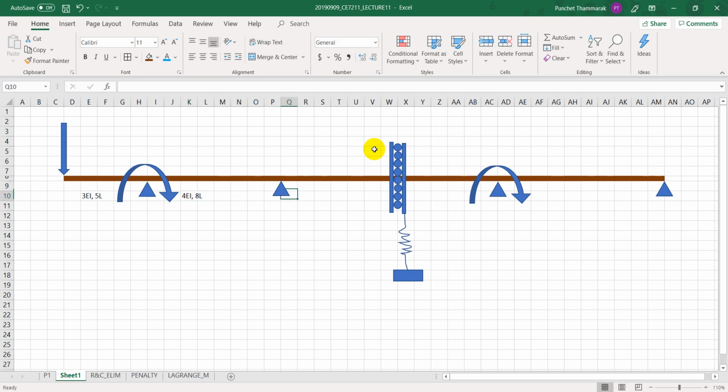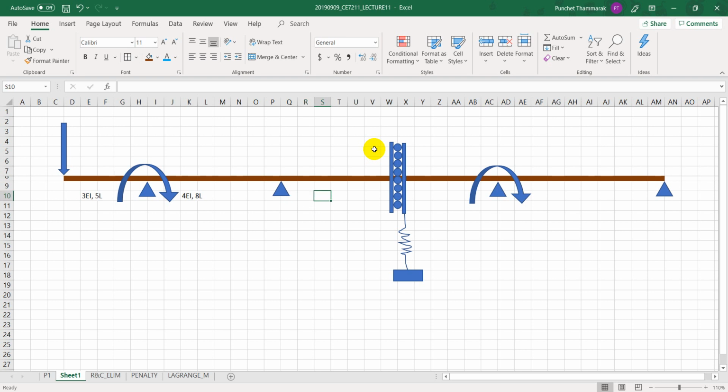This is a hinge support, okay? Pin support. The beam is a continuous beam, right? I didn't put any rotation release, any moment release at the support there, so the moment can be carried over to the next span.